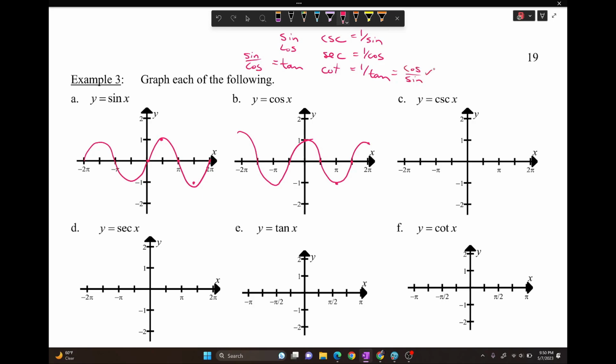I don't know if I'm going to get to this one or not, but I'm definitely going to use this. Anytime I'm dividing by 0, I will get undefined, which means there is an asymptote there. So everywhere that cosine is equal to 0, here, here, here, here, I'm expecting that tangent will have the same thing going on.